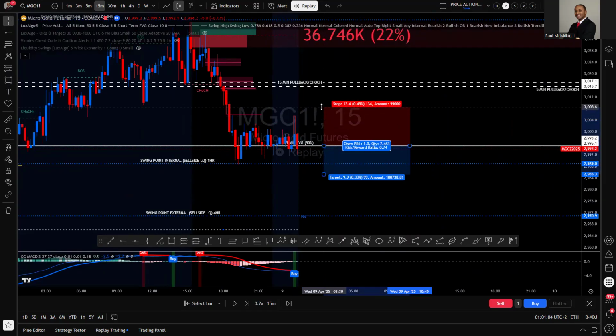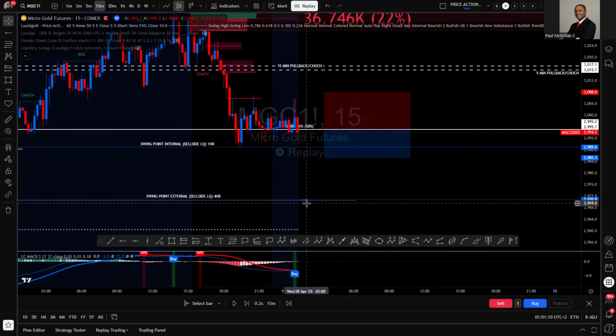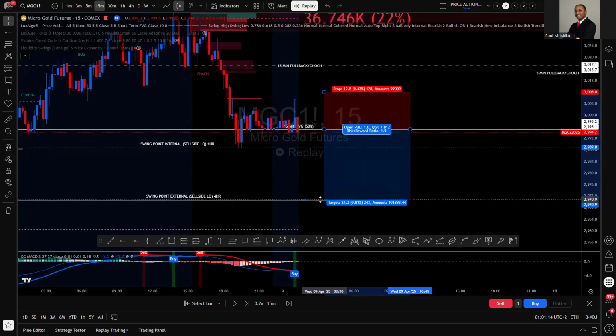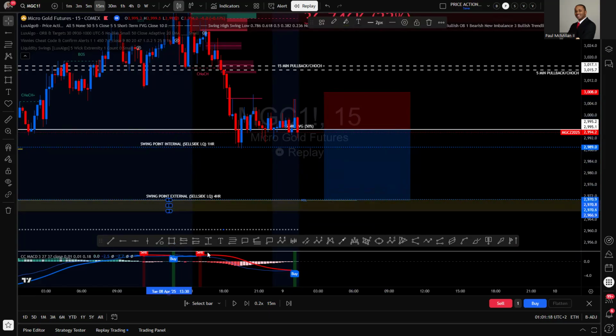We'll put our stop loss here. And technically, you can put it here, but you're going to put it right here. Notice we got liquidity down here, previous fairly low. So I would target this. Let's see what price ends up doing.